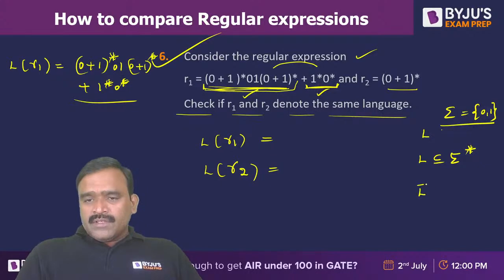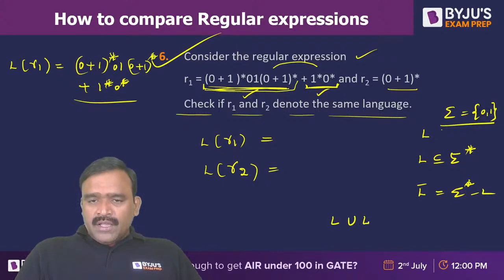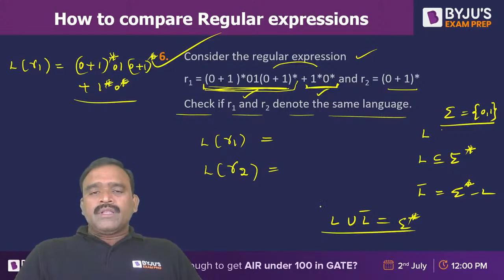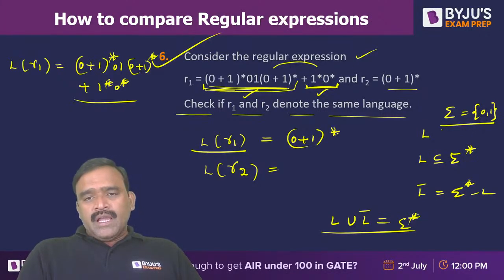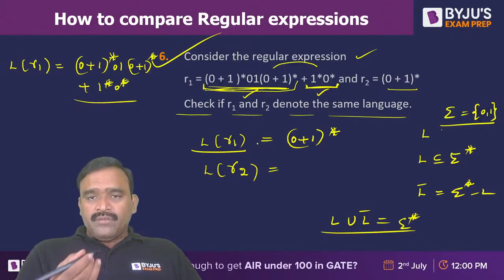Now the complement of a language L, L bar, is equal to sigma star minus L, and L union L bar is nothing but sigma star only. That's why the language of R1 in other form is any combination of zeros and ones, because any language and its complement, if you take the union, leads to sigma star.